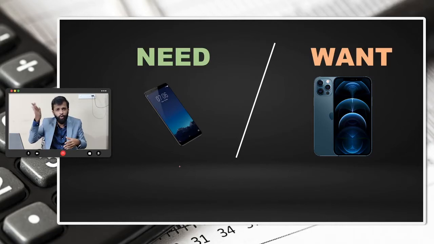You are ready to spend more to get that product. Maybe it might be a watch. A simple watch will show time, but if you require a branded, gold plated, diamond studded watch, then you are changing that need into a want.